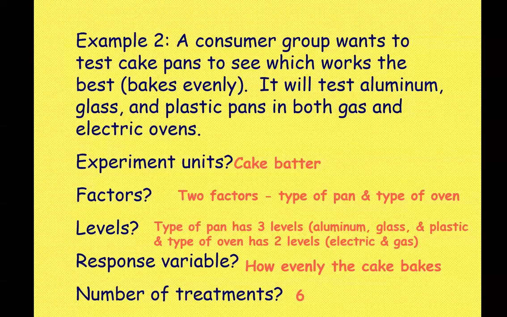It's really 3 times 2, but let me clarify here. There's electric aluminum, electric glass, electric plastic. There's 3 of them. And there's gas aluminum, gas glass, and gas plastic. There's the other 3. So when I look at the data, I'll have 6 different things that I'm comparing to see which one had the better response as far as producing the best kind of cake.